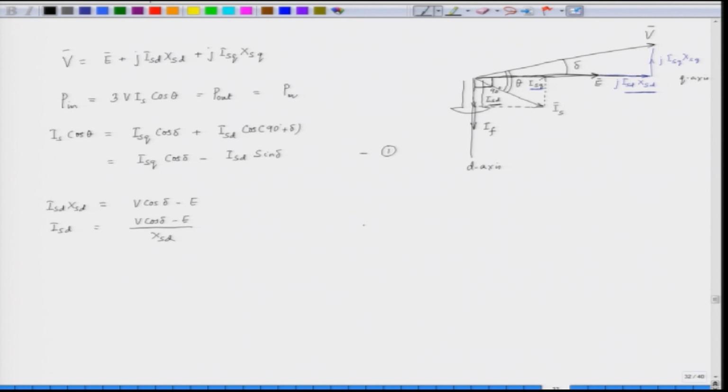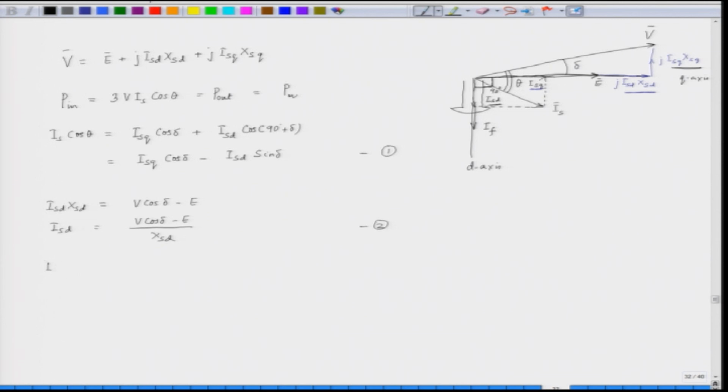Now, we have equation 2 which has got Isd. Similarly, Isq is appearing at this phasor. So, this is our Isq Xsq drop. If we take the projection of V along this axis, that will be V into sin delta.